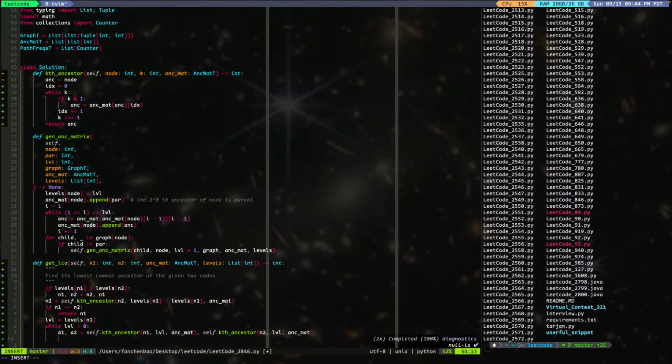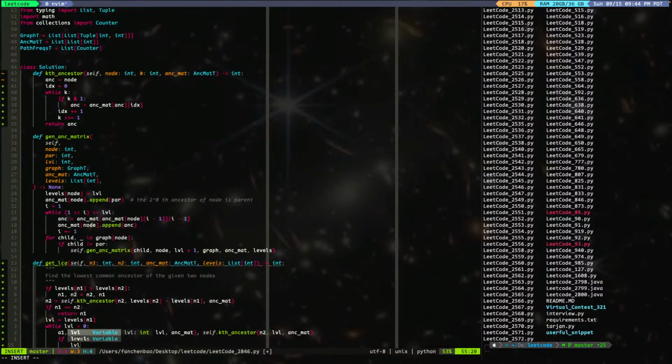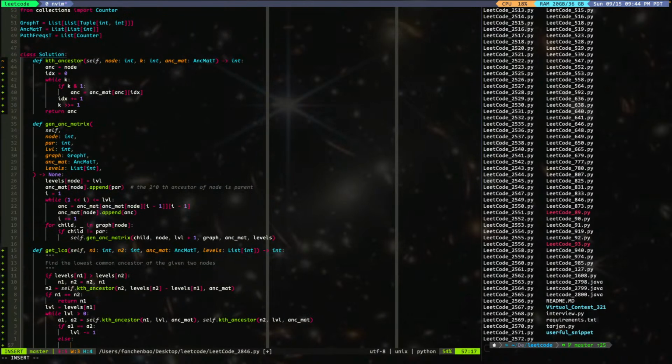If a1 is equal to a2, then level minus equal 1. Else, if their ancestors are not the same, we shall swap.